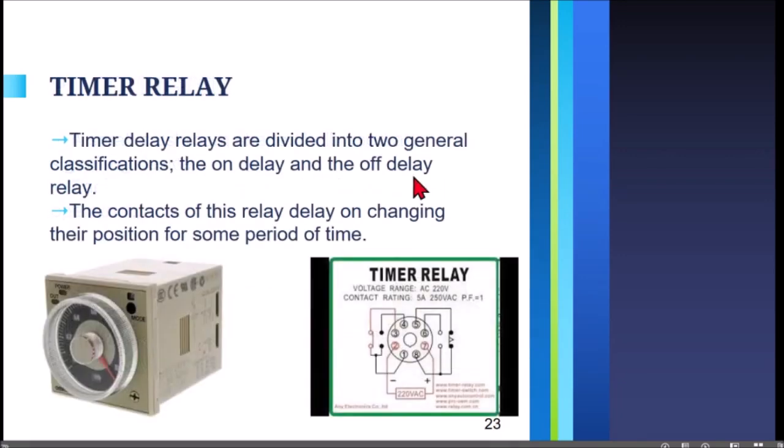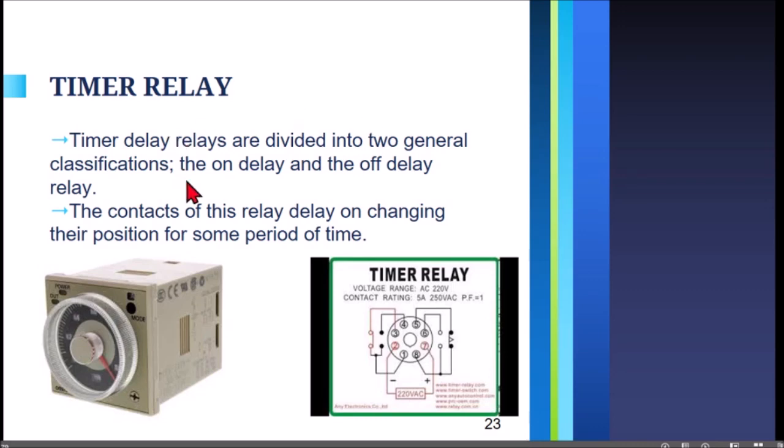Then last, we have the timer delay relay, or the timer relay. Timer delay relays are divided into two general classifications: the on delay and the off delay. The contacts of this relay delay changing their position for some period of time.